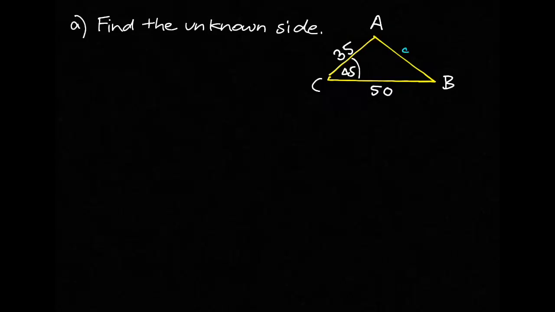Okay, let's call this side c. We know this is side a, it's opposite A, and this is b. We need to find the missing side, which is side c.